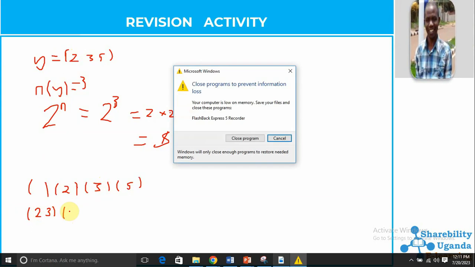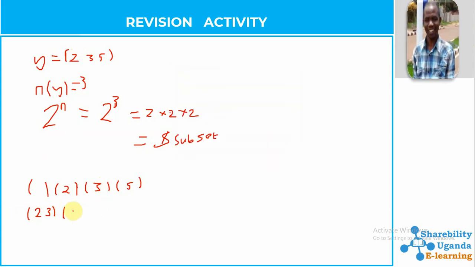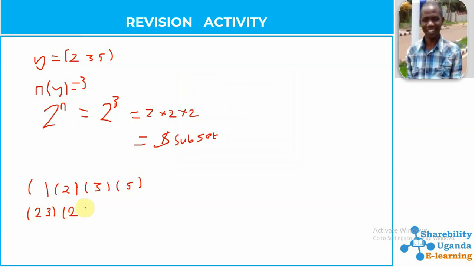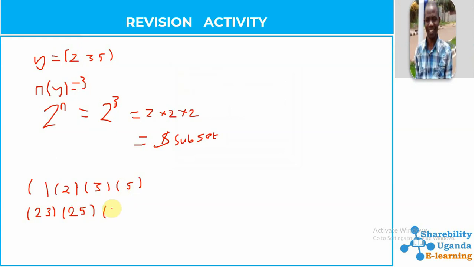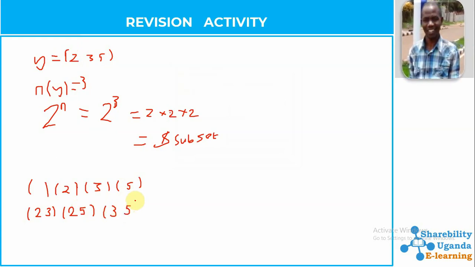Then also we form another set, which has our first element with our third element, also forming a set. Then also we need to form a set of our second element with our third element, which is a 3 and a 5.